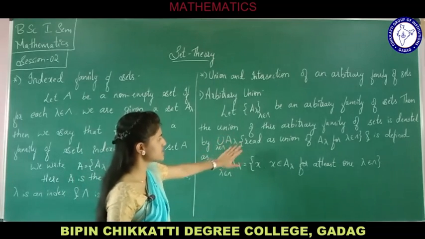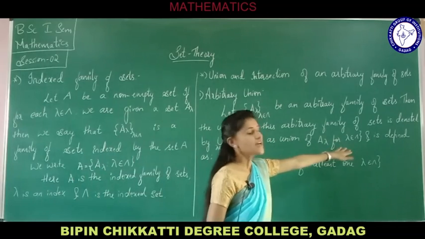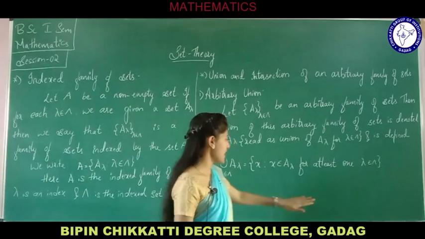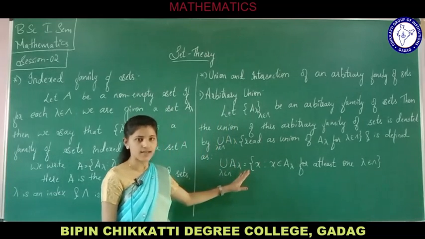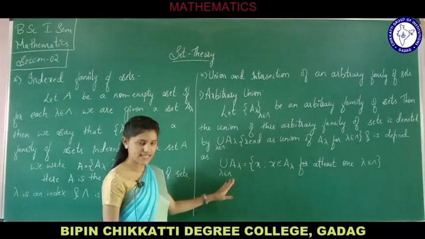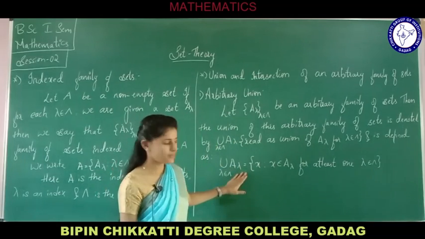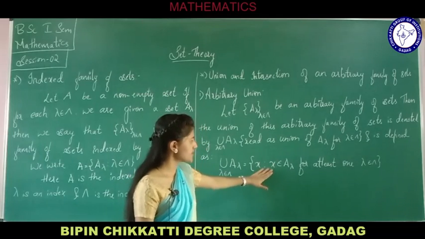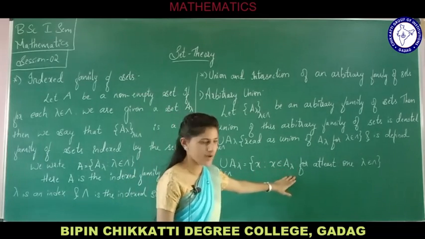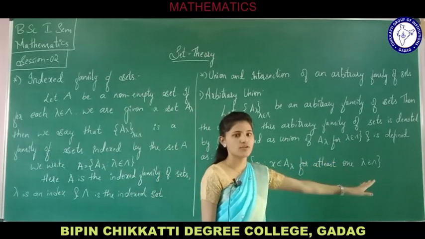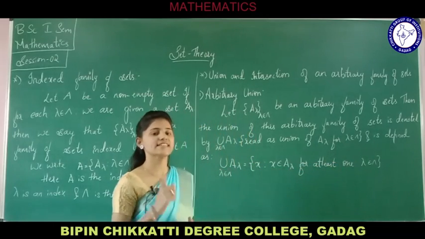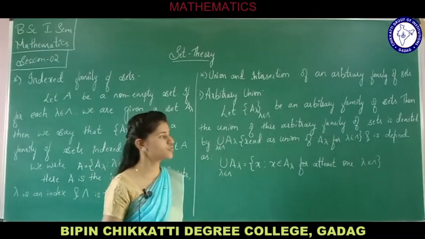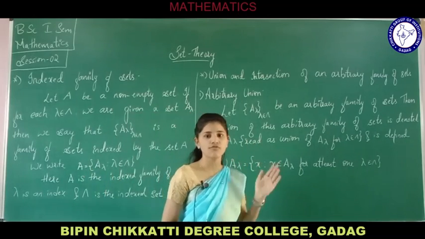It is read as union of A lambda for lambda belongs to the indexed set, and it is defined as x such that x belongs to A lambda for at least one lambda belonging to the indexed set. This is how we define the arbitrary union of sets.